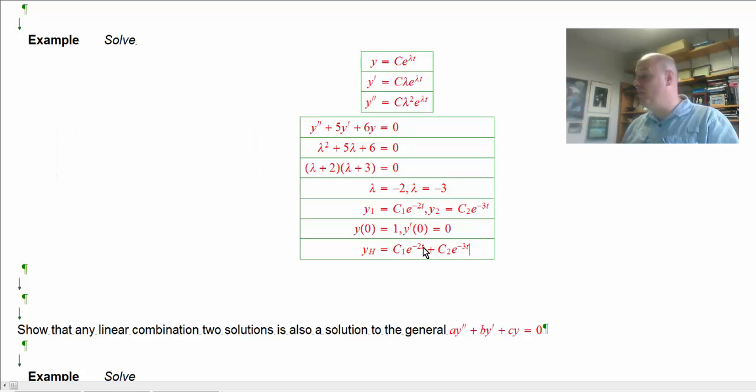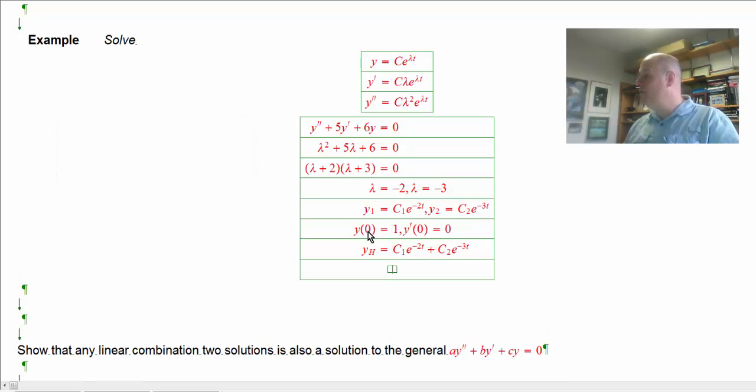What about the constants? Well, this first y0 equal to 1 gives me the equation. If I make my t equal to 0 and set the y homogeneous equal to 1, then I get that the sum of the two, so here's me setting t equal to 0, e to the 0 is 1.